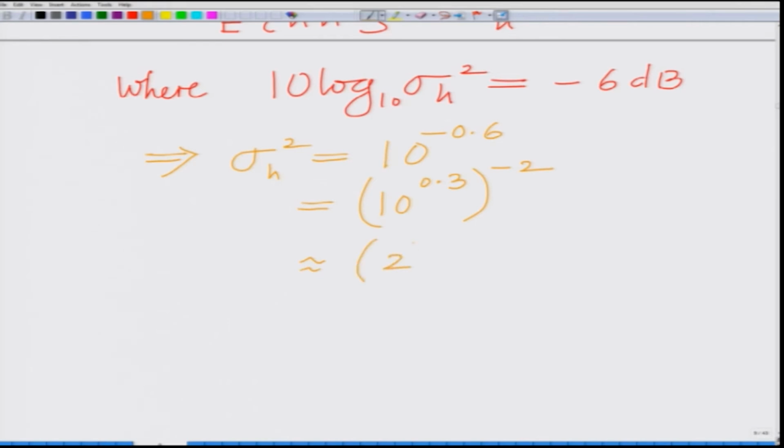So, this is equal to 1 over 4. So, minus 6 dB implies sigma h square equals 1 over 4.